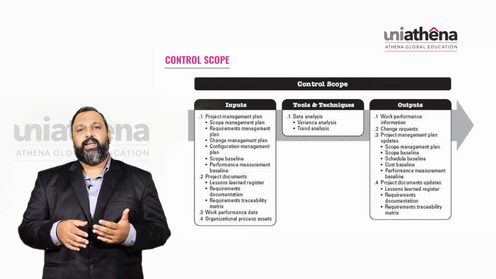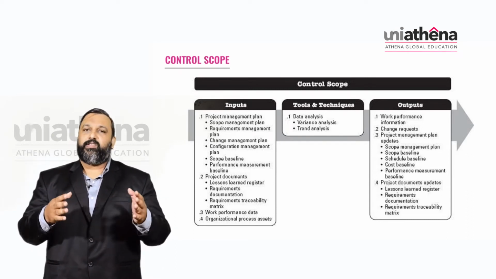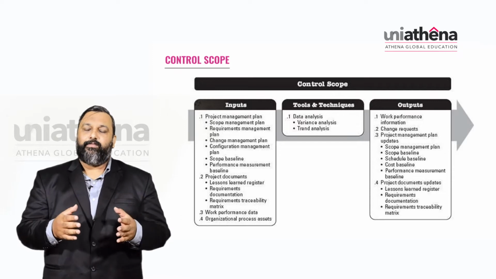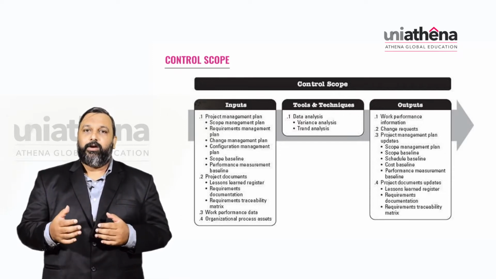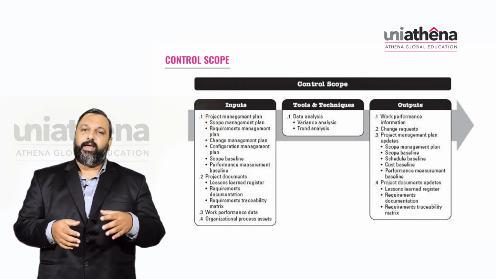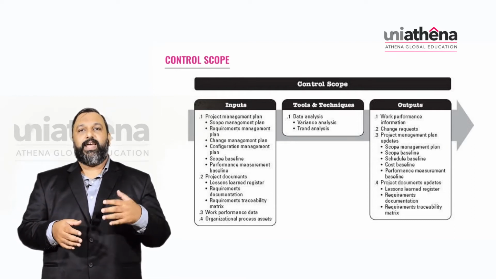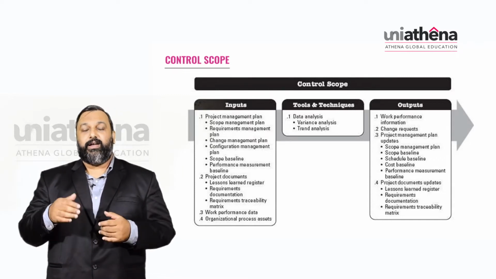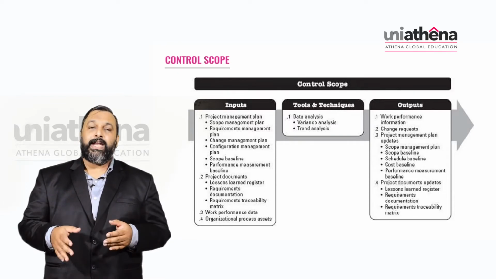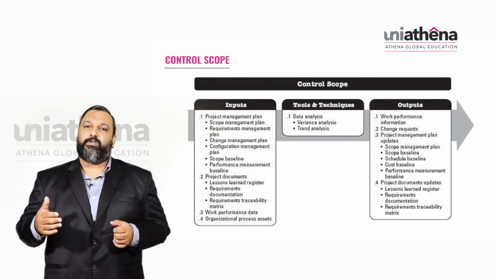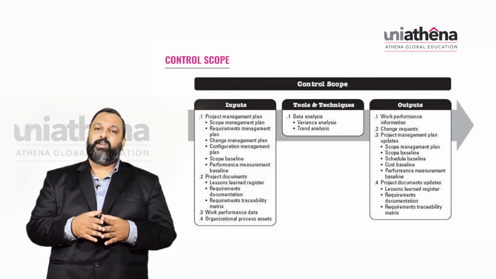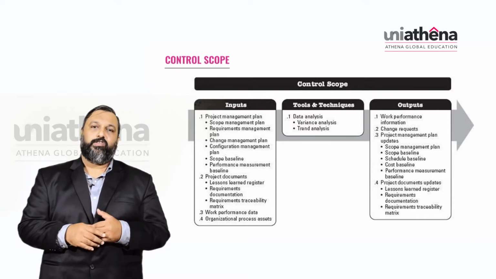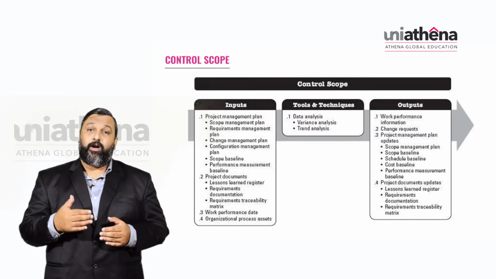The lessons learned register is a very important tool which caters as a platform or a document for the project manager to get high expertise, because in the lessons learned register there will be learnings taken from earlier projects, learnings regarding the current project which have happened till then, and learnings regarding similar projects which might be happening. So this lessons learned register will also be used as an input for the scope control process.